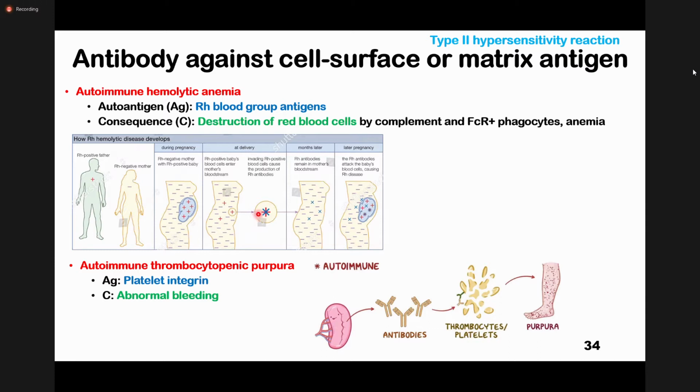These antibodies remain in the bloodstream, and when she has a second pregnancy, it will cause the death of the baby, okay? So this is autoimmune hemolytic anemia, okay?